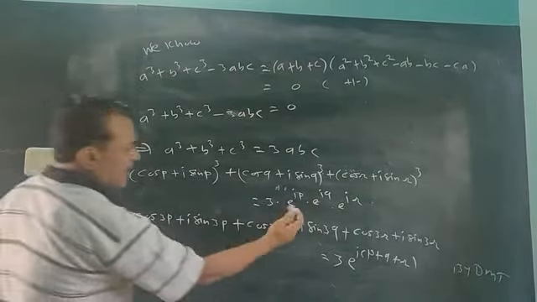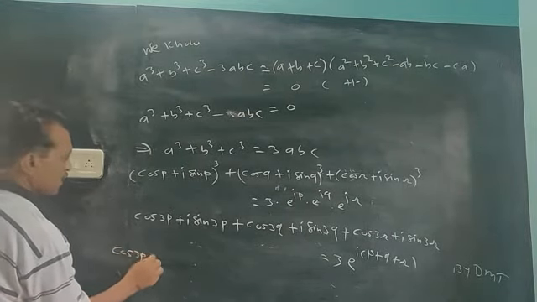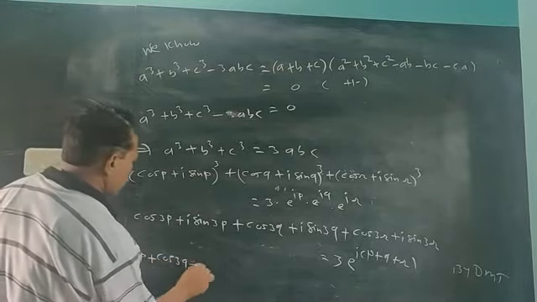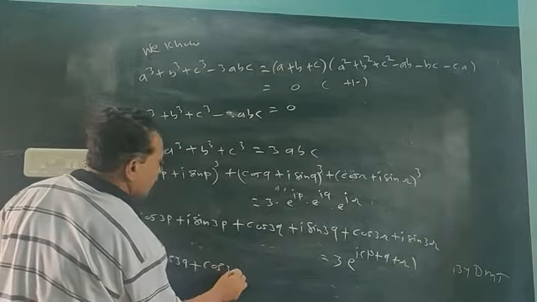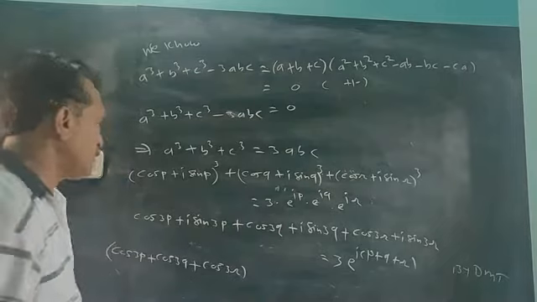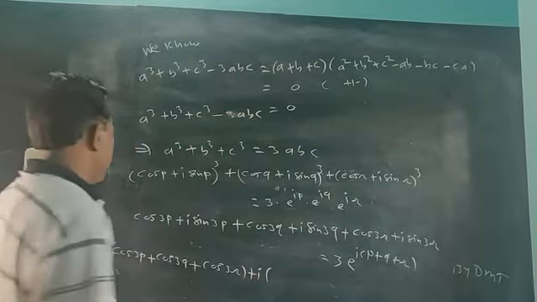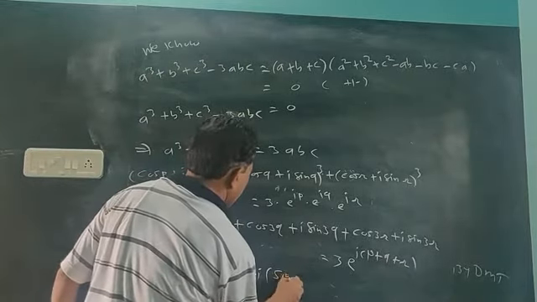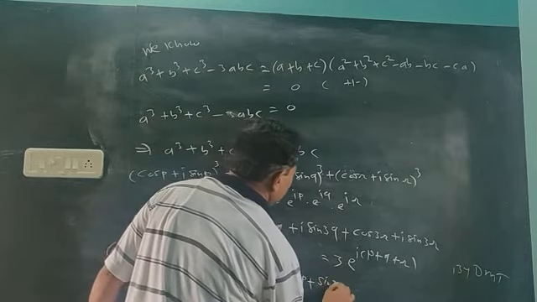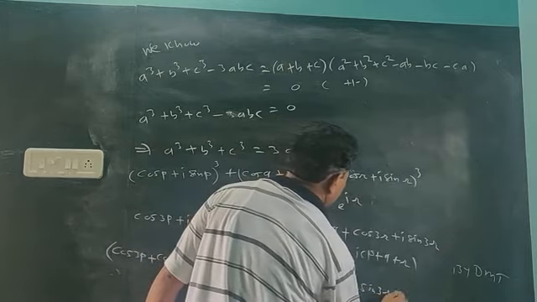Now I take the cos terms in one bracket: cos of 3p plus cos of 3q plus cos of 3r, the real part in one bracket, and the imaginary terms in another bracket: sin 3p, sin 3q and sin 3r.